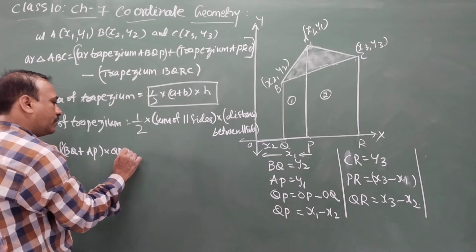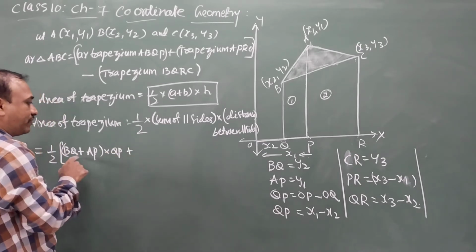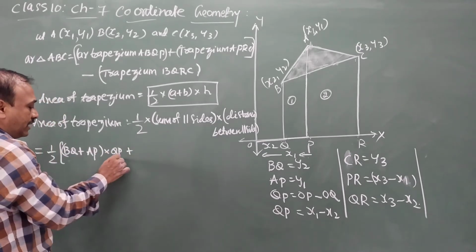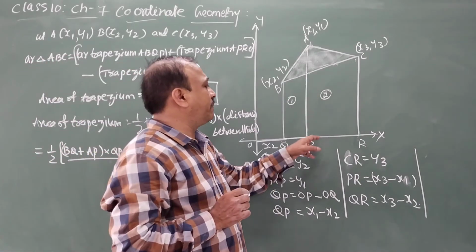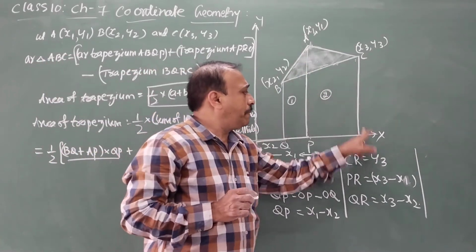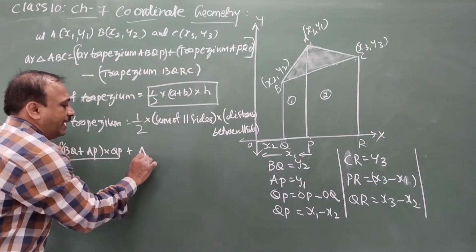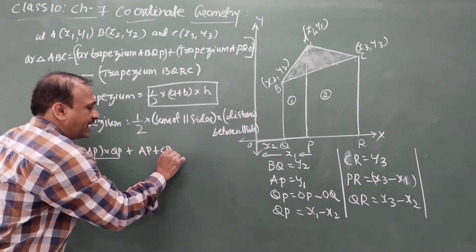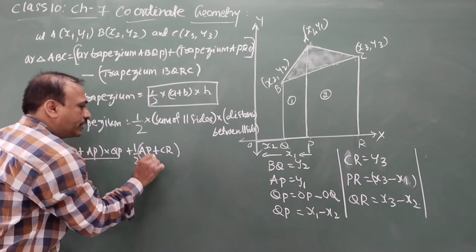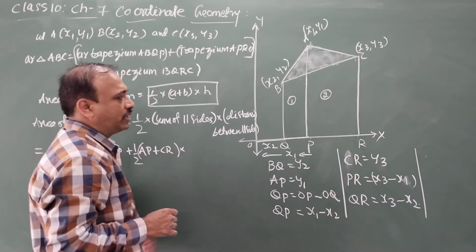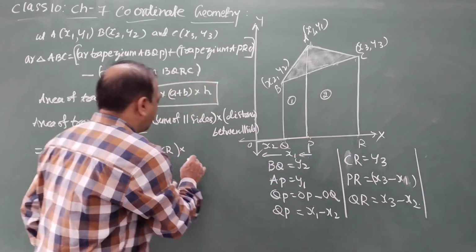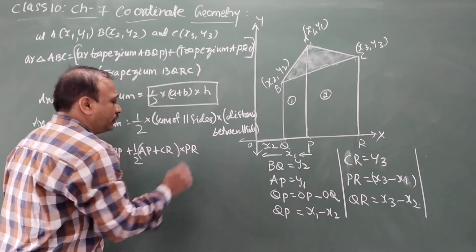This is the first trapezium. Plus the second trapezium, with parallel sides AP and CR, half into the perpendicular distance PR.